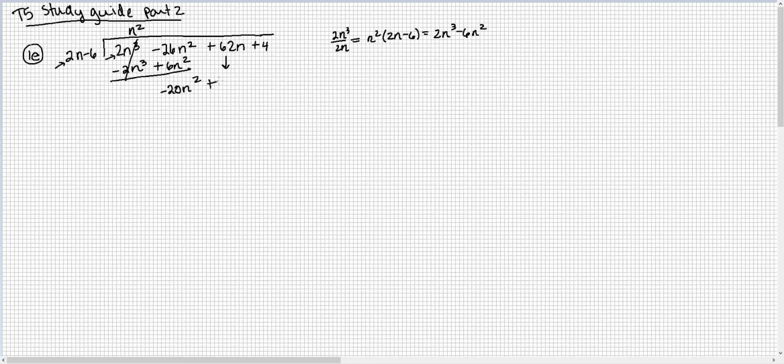Bring down the next term. Now you ask yourself, how many times does 2n go into negative 20n squared? Right, so that's negative 10n. So this is minus 10n. And now we take this and multiply it by 2n minus 6.